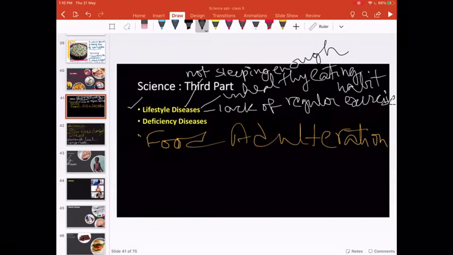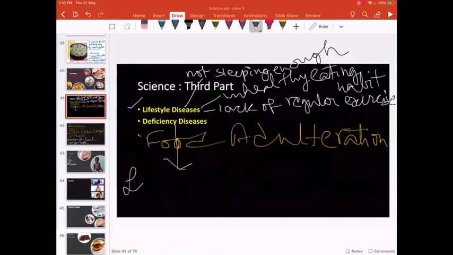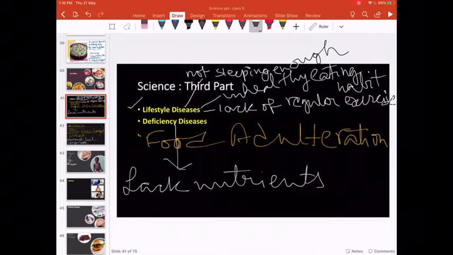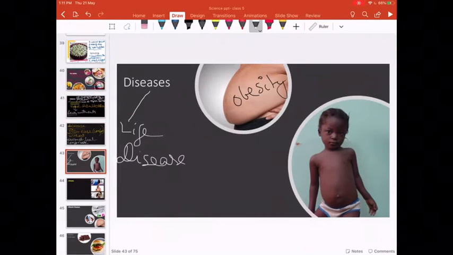That is deficiency disease. Deficiency disease is due to lack of nutrients in our food. Deficiency means lack. So the second type of disease is deficiency disease.